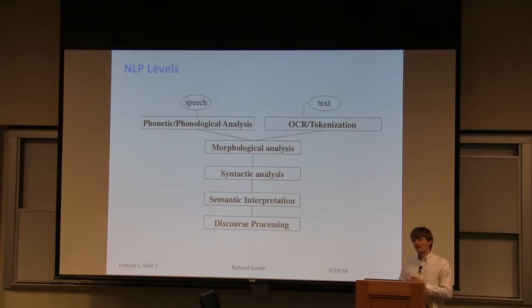So what we'll look at very concretely are different levels that exist in natural language processing. It starts usually with speech, and then we use phonetics and phonological analysis to understand speech better. From there, we may go and look at morphemes, short stems, for instance, and prefixes and suffixes of words.